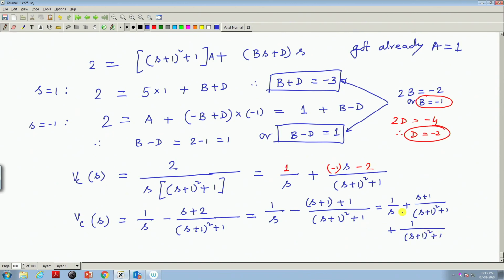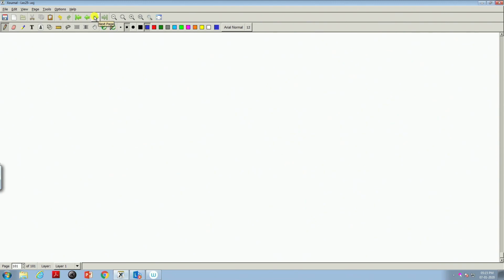Both of them will become minus, correct. So, this is minus and this is also minus. Got the point.